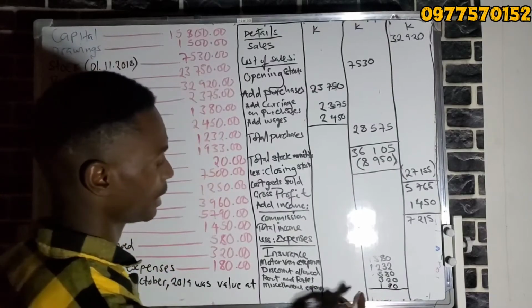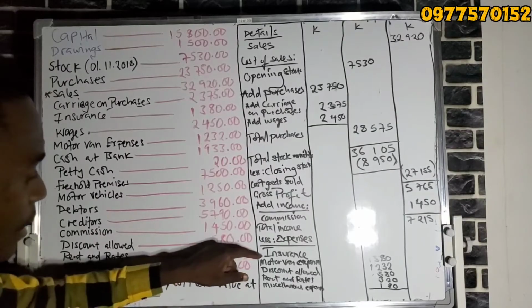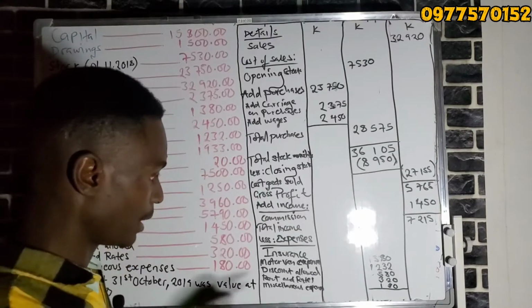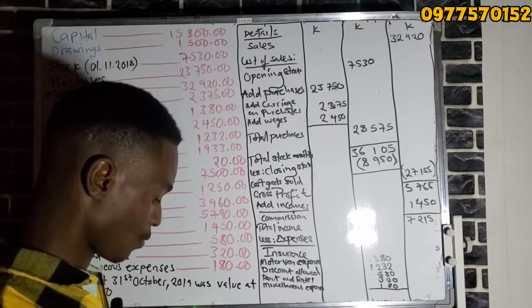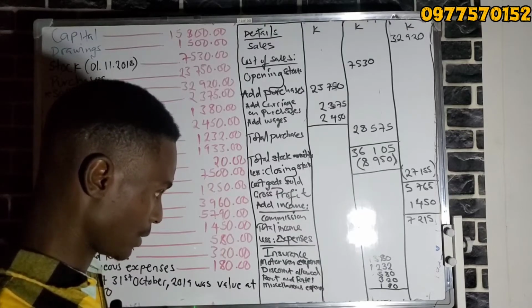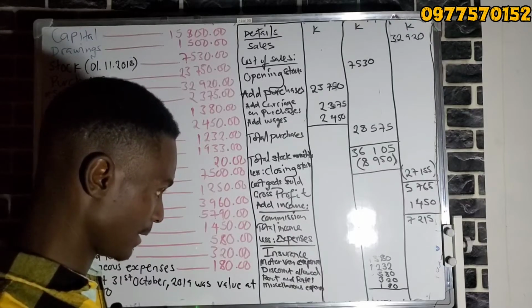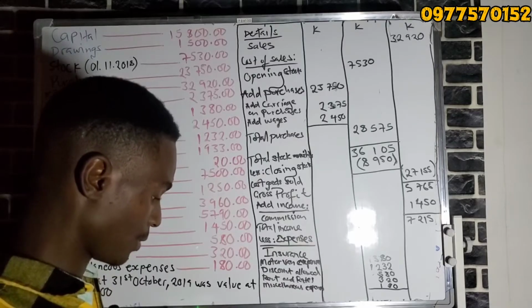So we're going to add these. Let me count so that you don't make mistakes. We have 5 expenses: 1, 2, 3, 4, 5. All right, so let me add 1,380 plus 1,232 plus 580 plus 320 plus 180.